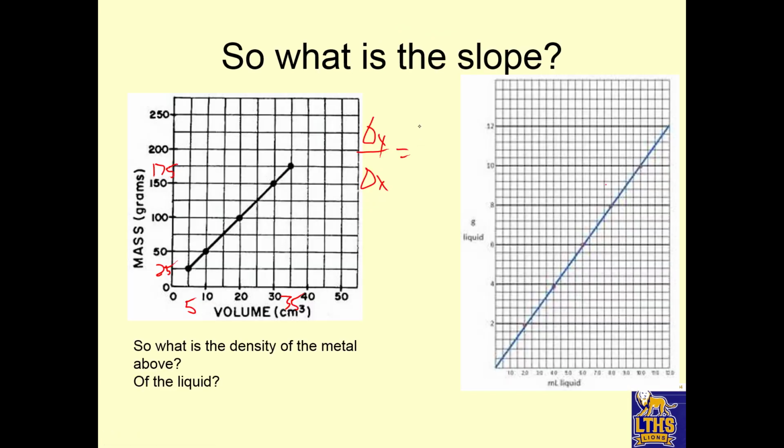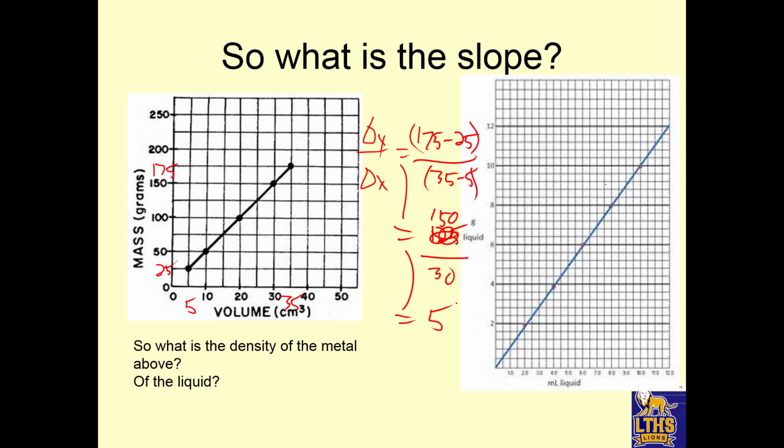So the change in y is 175 minus 25, parentheses, over 35 minus 5. And that's going to be 125. Oh, it's not. It's going to be 150 over 30, which is going to be 5. That's the slope in grams per centimeters cubed.